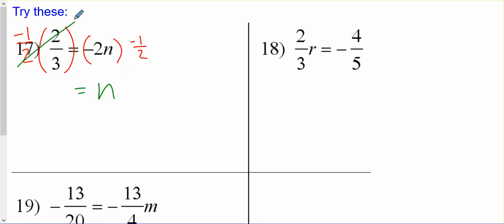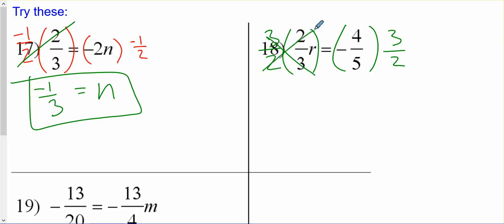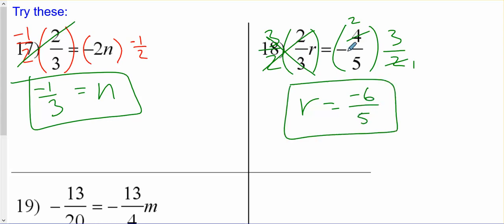My 2's simplify out, and I'm left with -1/3. 18. What's the reciprocal of 2/3? 3/2. Multiply both sides by 3/2. That simplifies on my right or left side. 2 goes into 2 once, 2 goes into 4 twice. So I've got -2 times 3, which is -6 over 5. Keep my negative. I've got one negative factor, so my answer is going to be negative.